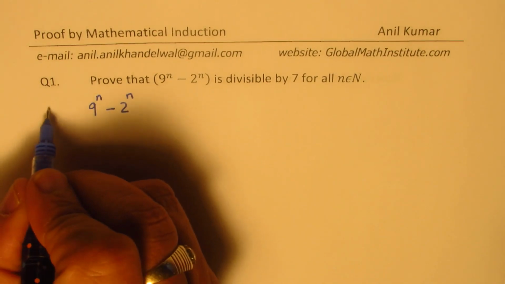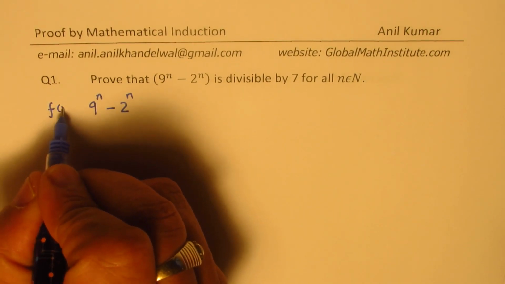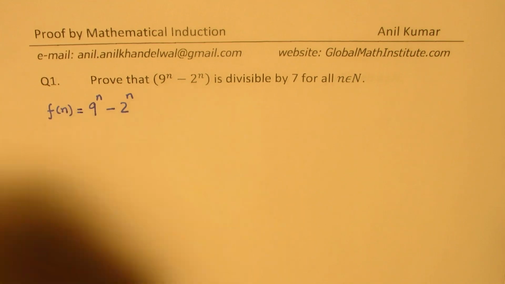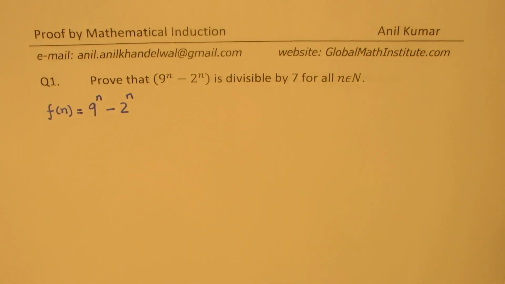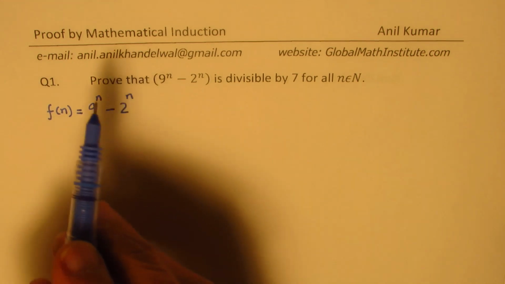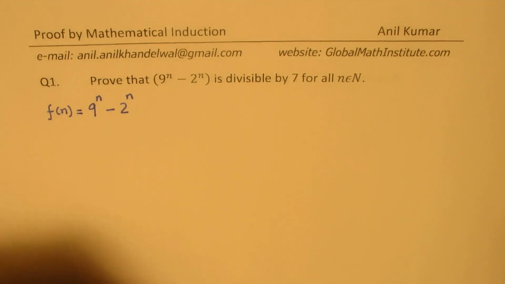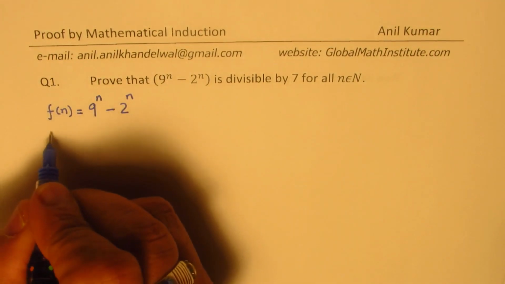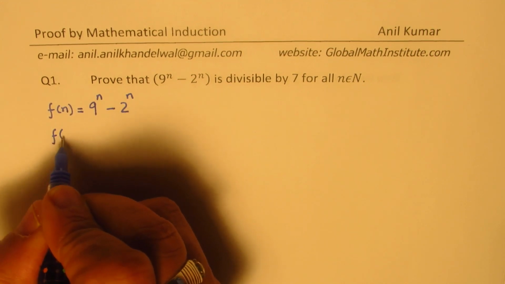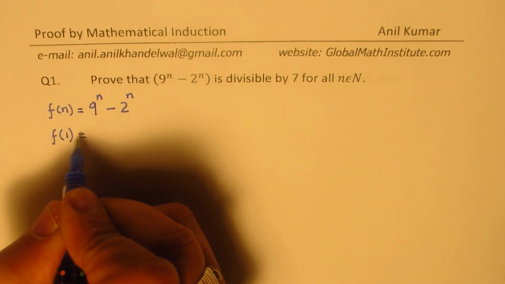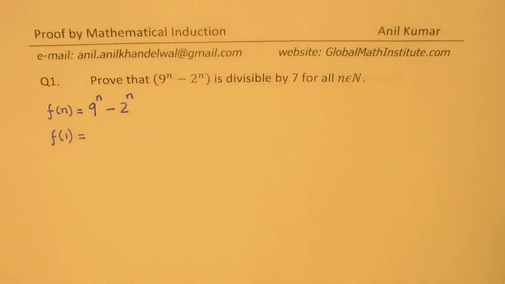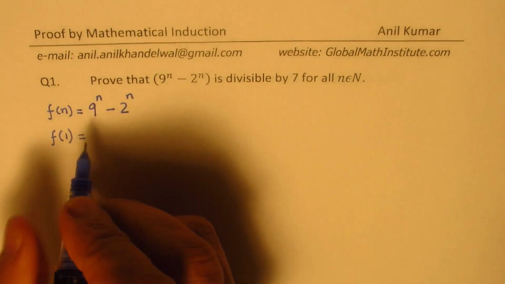Let's call this our function f of n. So let's say f of n is equal to 9 to the power of n minus 2 to the power of n. We'll understand this method of mathematical induction also, in which we first check for the first value. If n equals 1, then is the statement true or not?